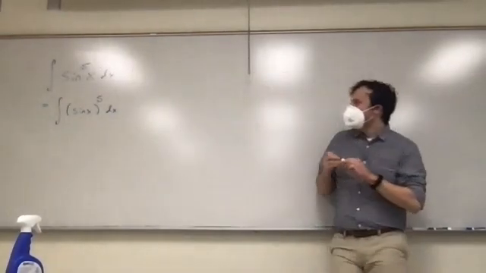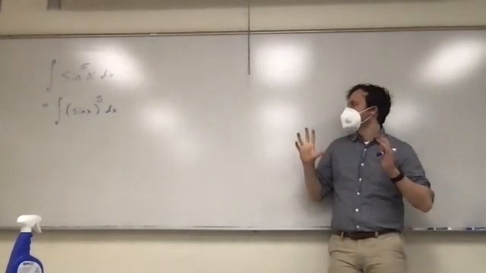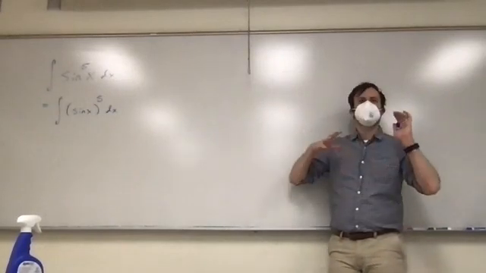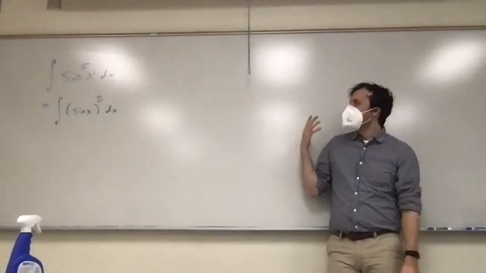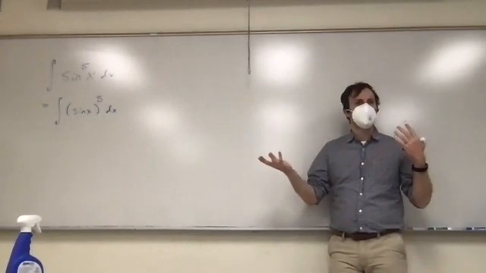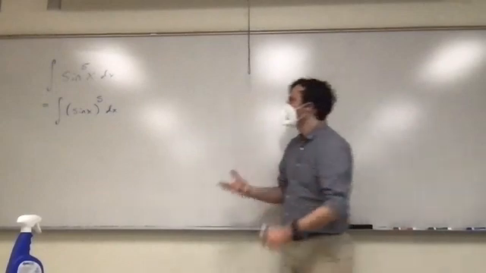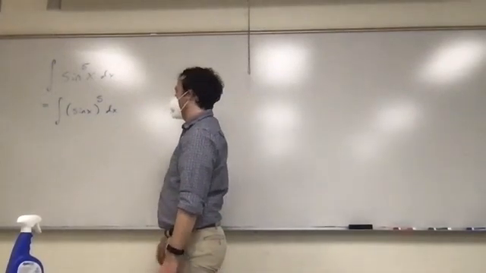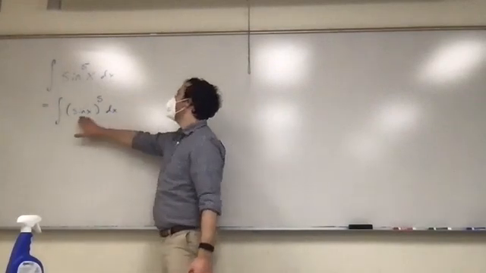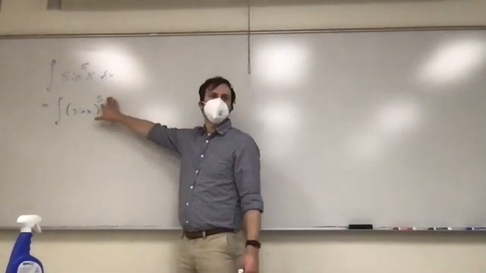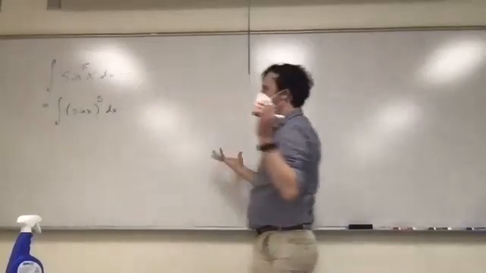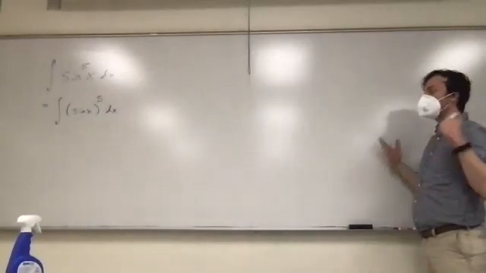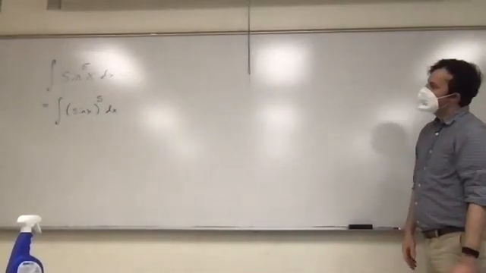The thing that makes this a little more advanced is you can't just use the power rule with sine on the inside. You can't integrate sine and then also use the power rule on the 5 there. That isn't what works. If you try that and differentiate, you're not going to get back here.